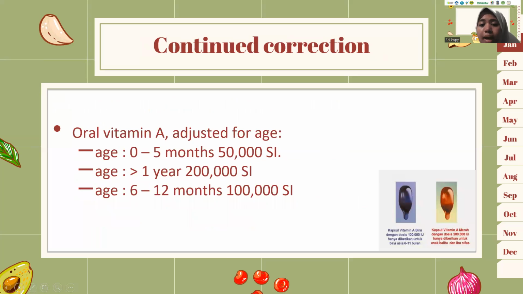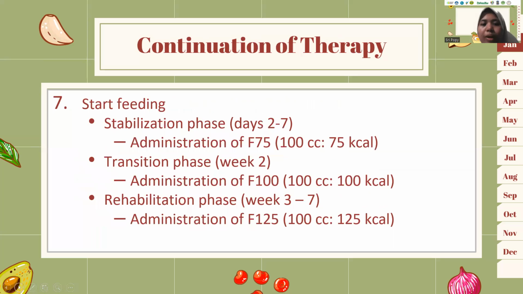Oral vitamin A is used for age 0 until 5 months, 1 year, and 6 until 12 months. Okay, now starting feeding.